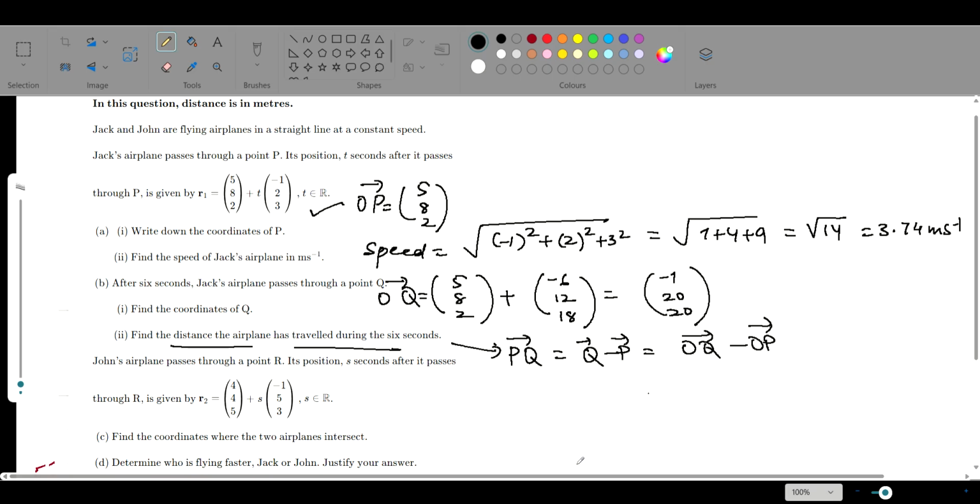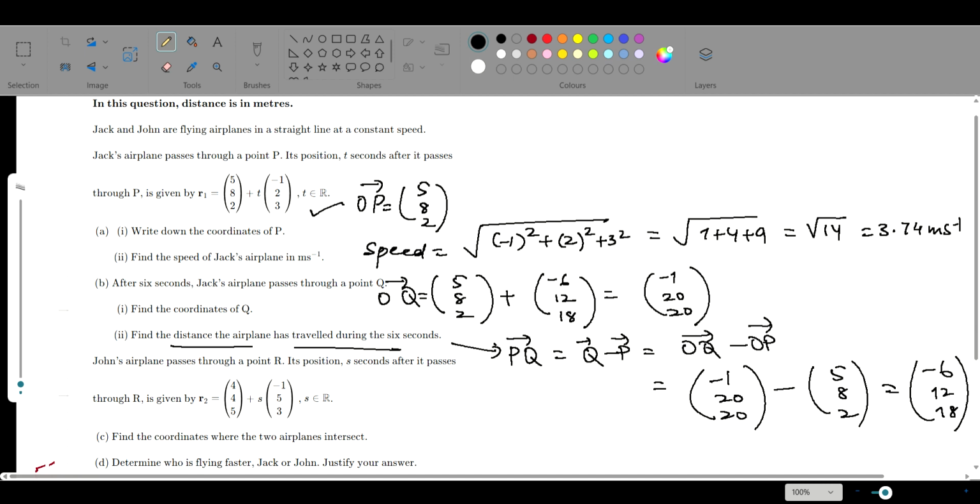OQ minus OP. What is OQ? Minus 1, 20, and 20. And what is OP? 5, 8, 2, right? So it's minus 1 minus 5, 20 minus 8, and 20 minus 2.